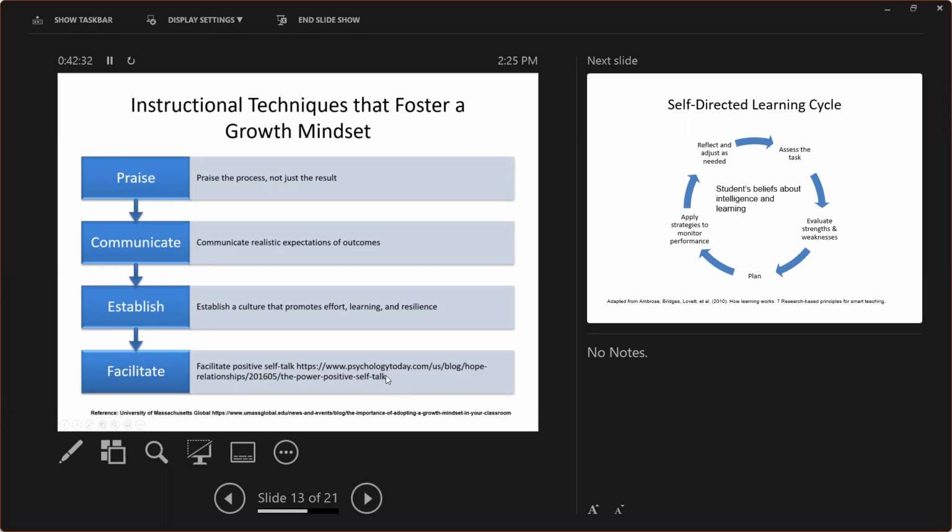And you also want to, and I will share this URL after the session, that's promoting self-talk, positive self-talk, because we want students to realize that they come out of high school with certain techniques and knowledge, and there's going to be challenges and growing pains in college.